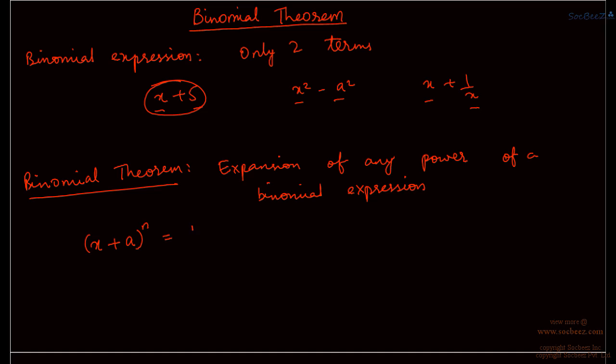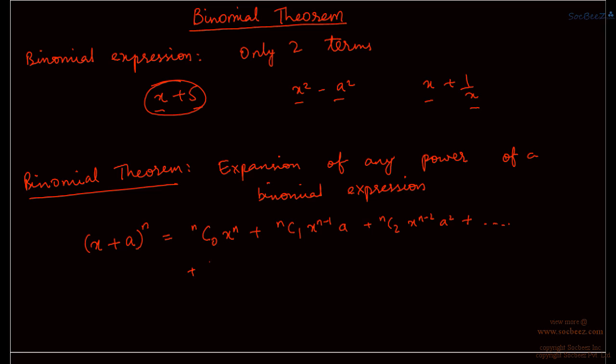This actually can be written as nC0 x power n, nC1 x power n minus 1 a, nC2 x power n minus 2 a squared, all the way.